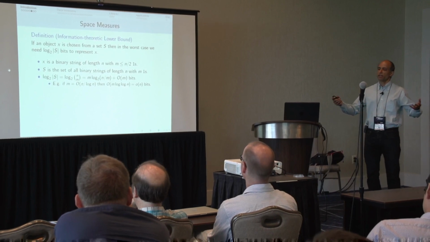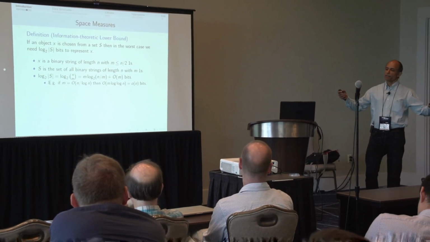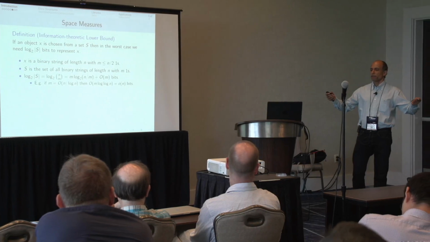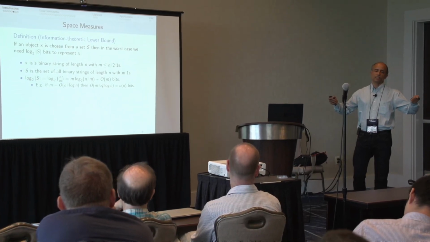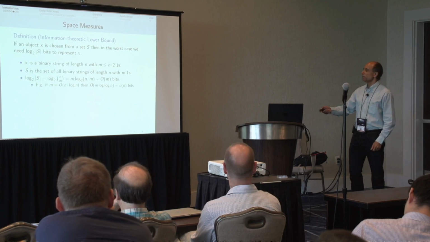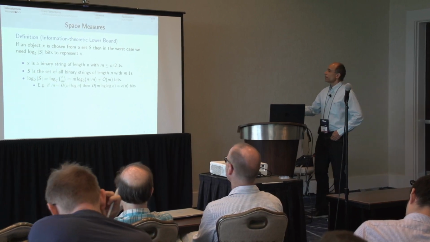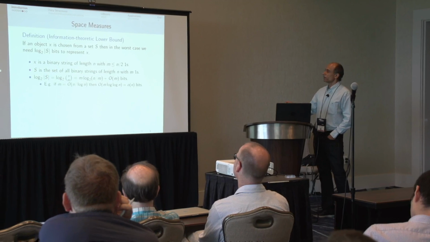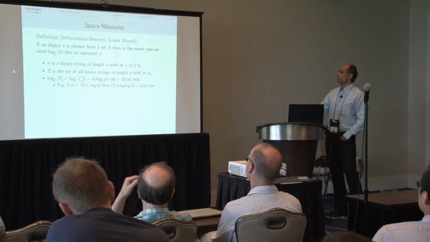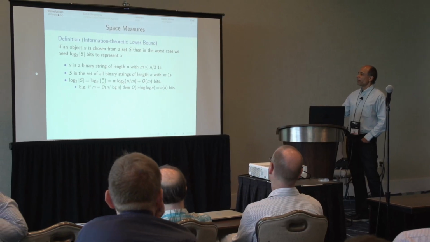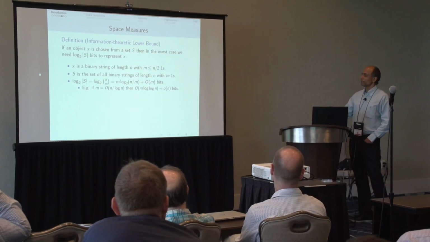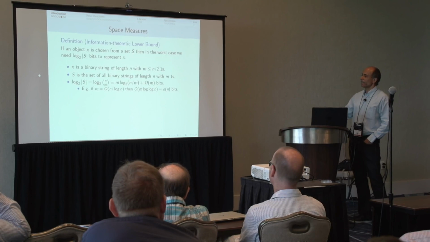When you think about this, if it's a binary string with just 1 bit, then you can encode this binary string by saying where that 1 bit is, and that's a lot less than n bits. But in general, you can look at this as a binary string of length n with m 1 bits. Well, there are n choose m of those things, and so that's the size of my set S.